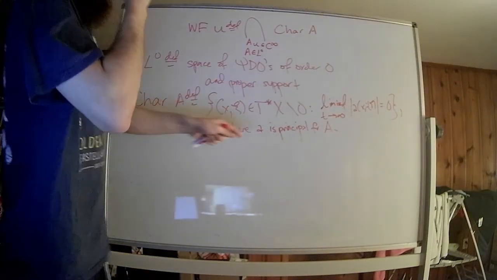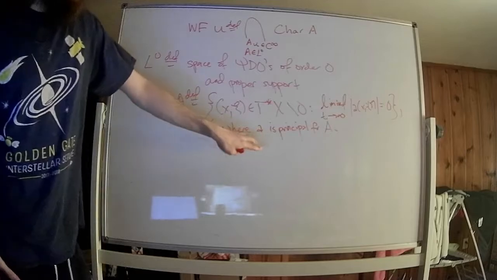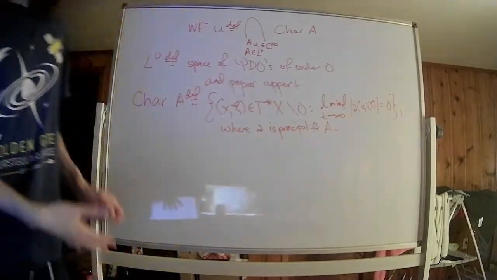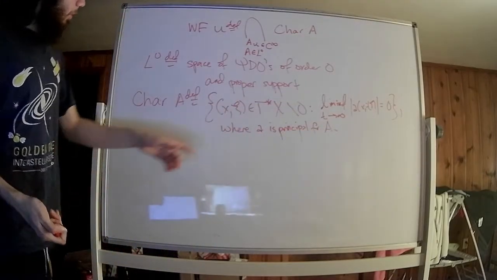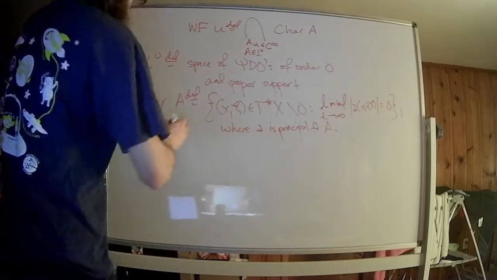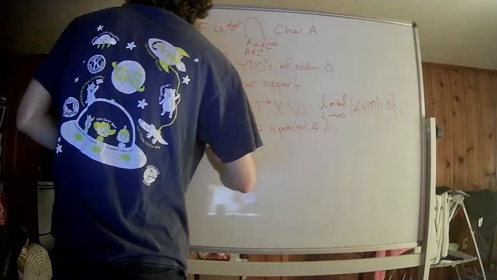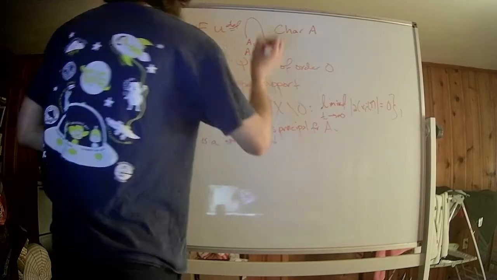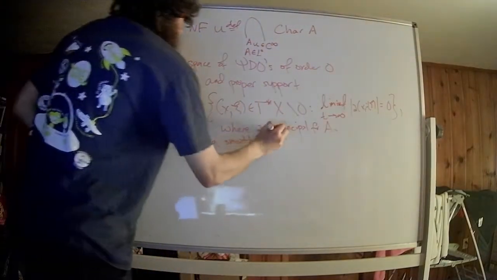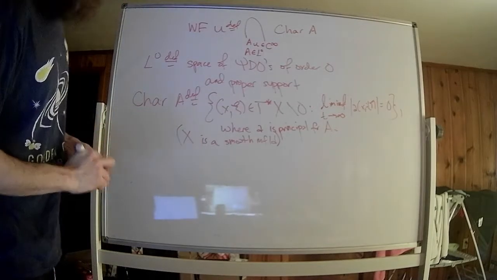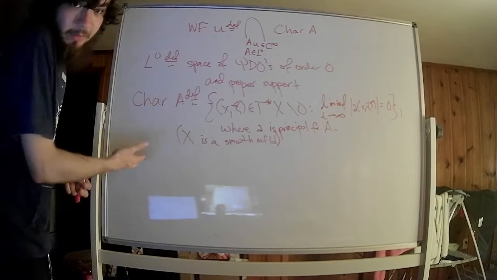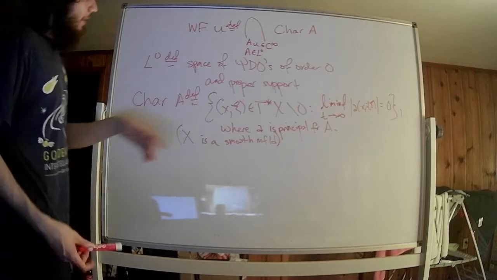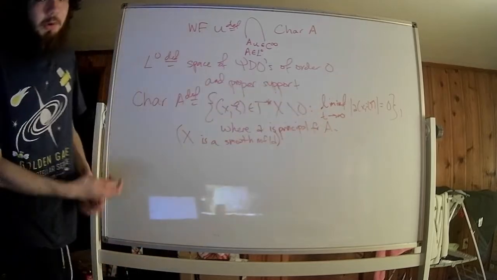So remember that a symbol is principal, I mean, this quantizes to capital A to top order, and the reason why we do this is that in general X is a smooth manifold, and so in general, without some sort of Riemannian Levi-Civita connection or something, asking what the symbol of a pseudodifferential operator is is just nonsense.